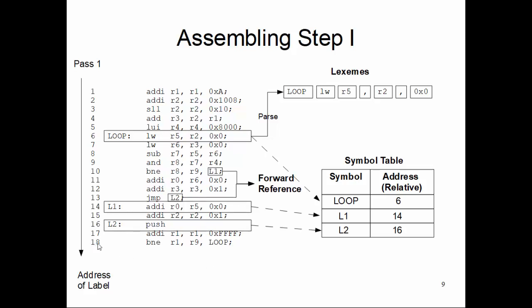And in instruction 18, when it comes to referring to loop, it is already in the symbol table. So we already know the relative address of that instruction, and that is just a reference. You can call it a reference to loop. It is not a forward reference as such.